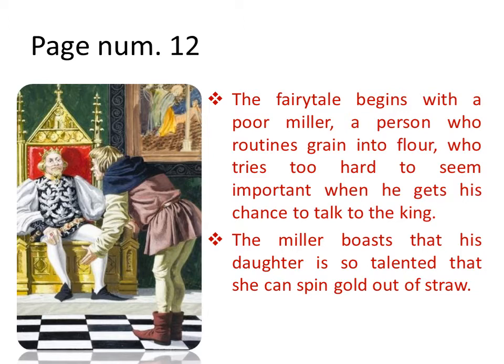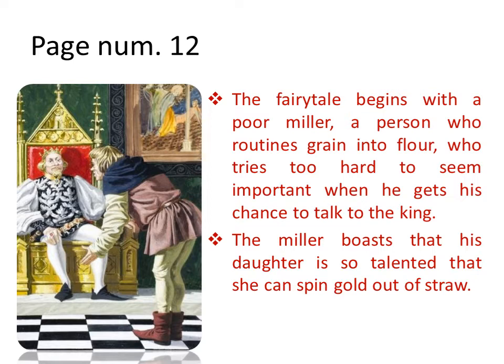One day the miller went to see the king. Now he wanted to see the king. So at that time he said to the king, sir, my daughter is so clever. You know, my daughter is really clever. She can even spin straw into gold.